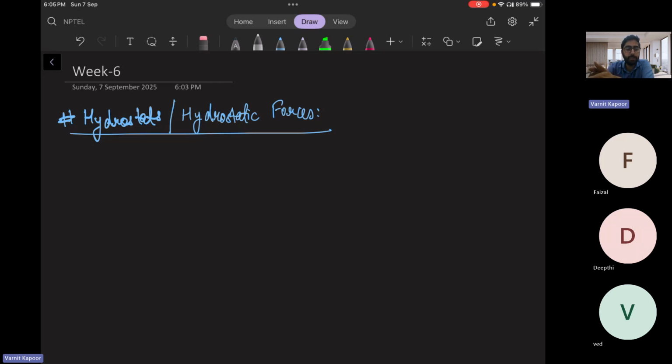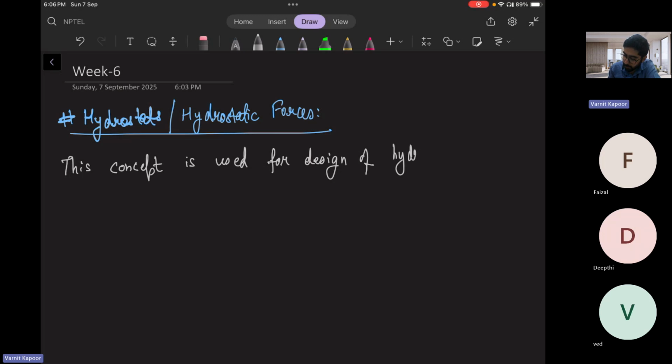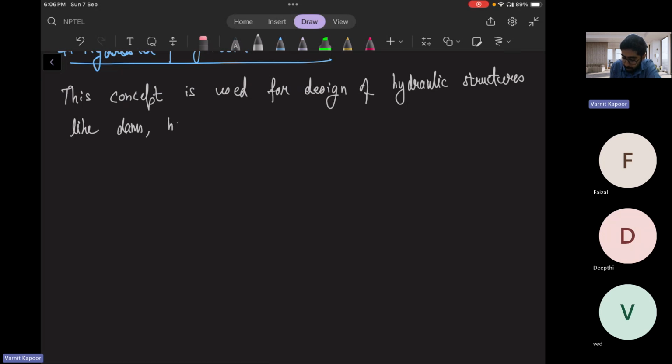So this concept is basically used for design of hydraulic structures like dams, hydraulic gates, ships, submarines, or overhead tanks, etc.